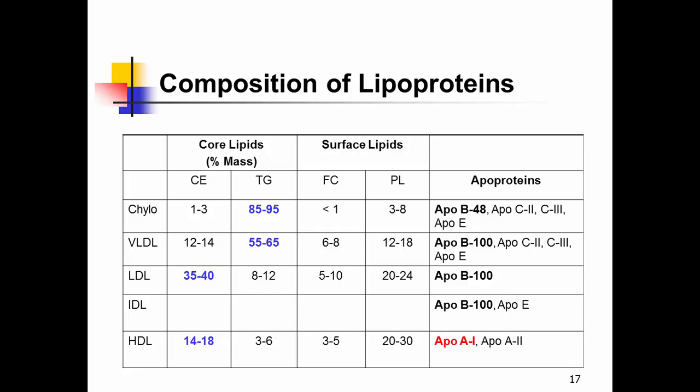LDL is relatively simple and only has ApoB100 on its surface, and IDL is an intermediate density lipoprotein. It's basically a remnant of the VLDL, and has ApoB100 and ApoE. HDL does not have ApoB or ApoE, but has ApoA1 and ApoA2.